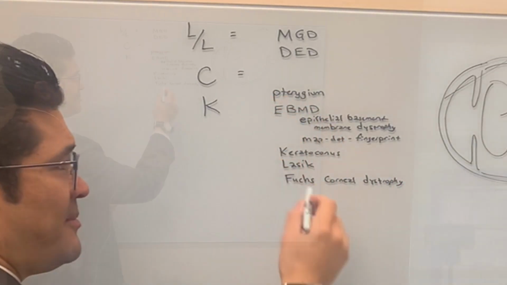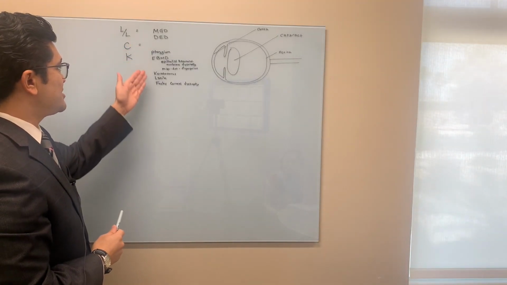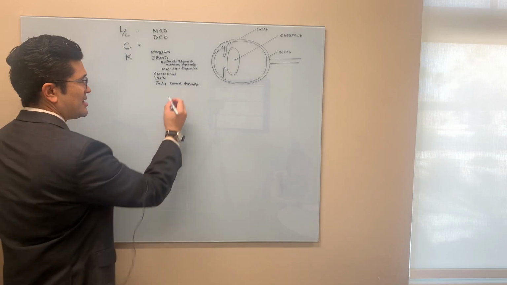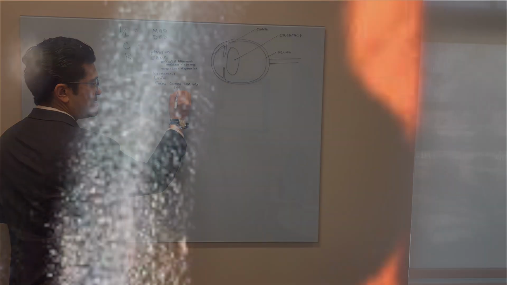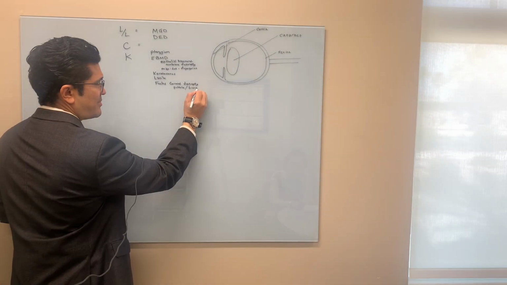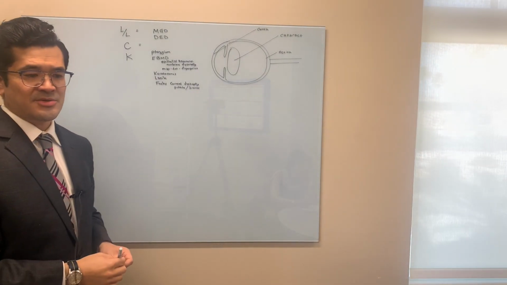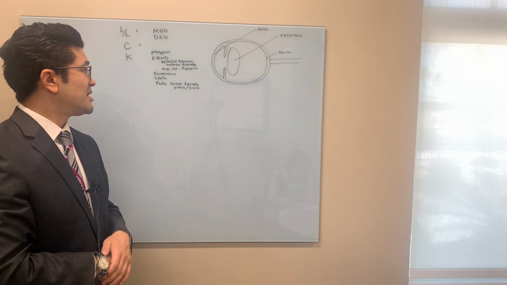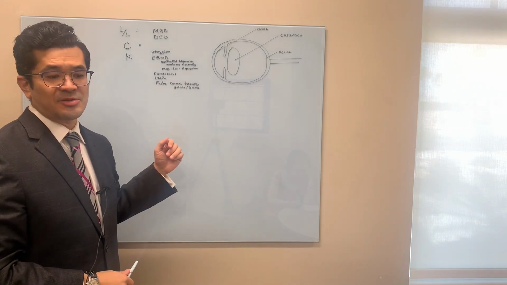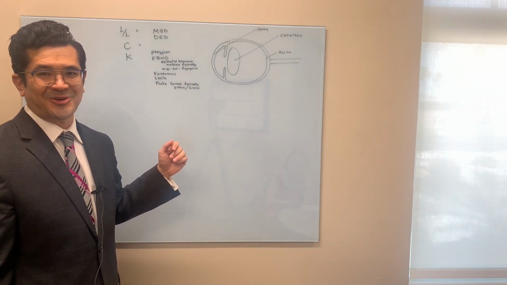So these are all the issues that we have to look at. With Fuchs corneal dystrophy, you will see comments like guttata or beaten bronze pattern on the corneal endothelium. And sometimes we'll say there's a little bit of guttata, there's trace guttata on the cornea.